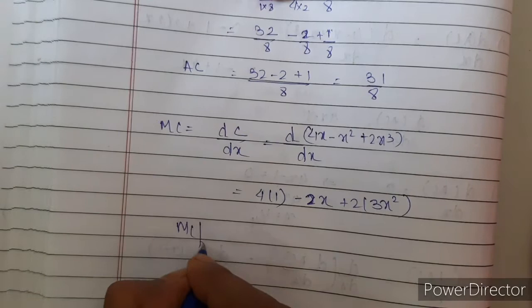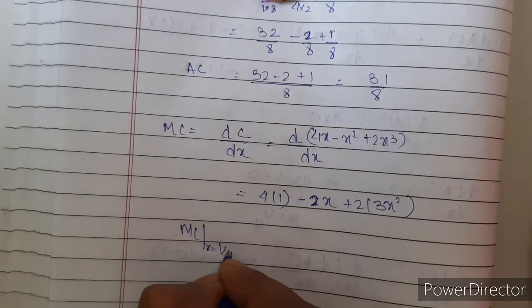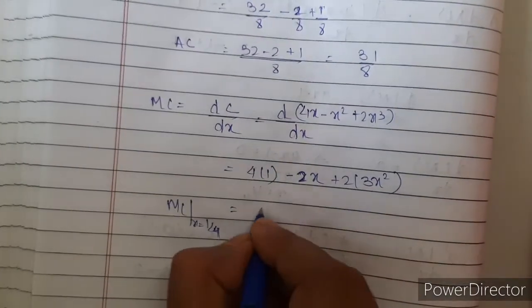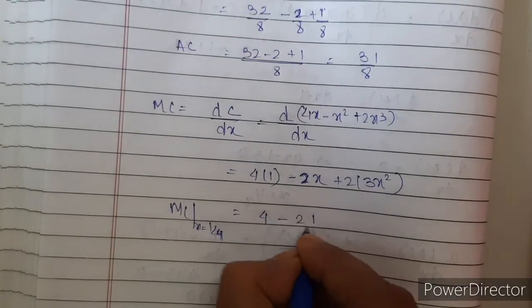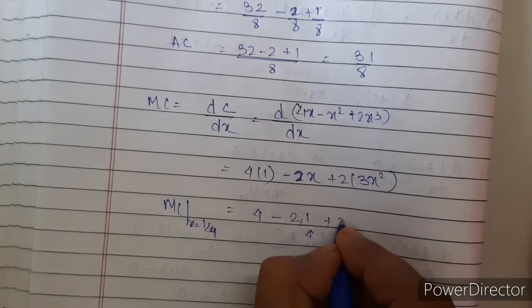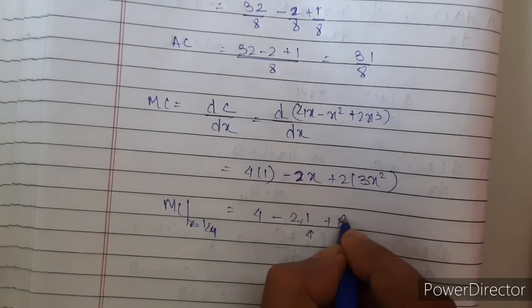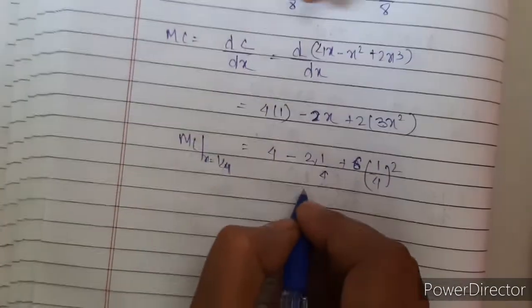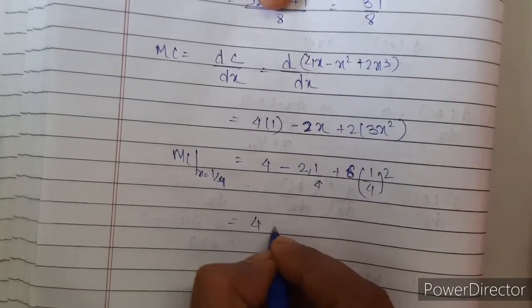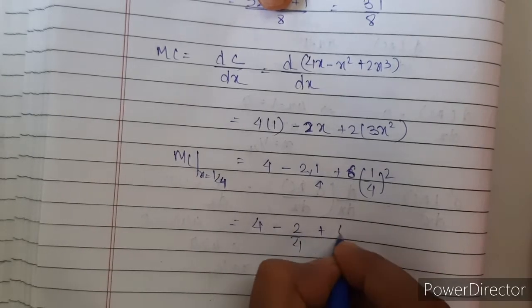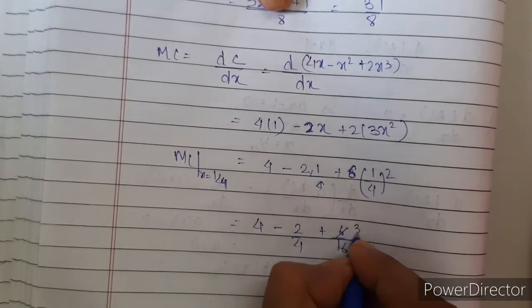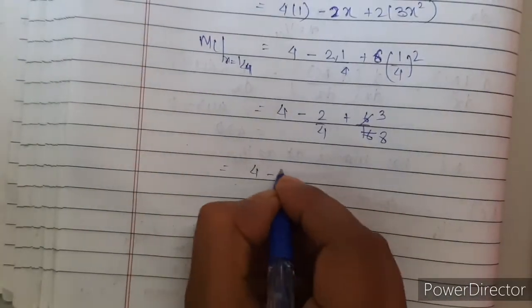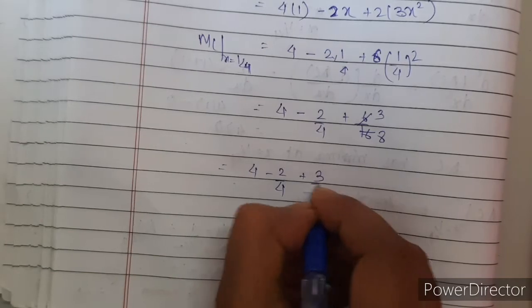Now here we have to substitute x equals 1 by 4 and check at x equals 1 by 4 if average cost is equal to marginal cost. So 4 as it is minus 2 into 1 by 4 plus this will be 6, (1 by 4) square. So what we have is 4 minus 2 by 4 plus 6 by 16. Okay, so further we can write this as 4 minus 2 by 4 plus 3 by 8.